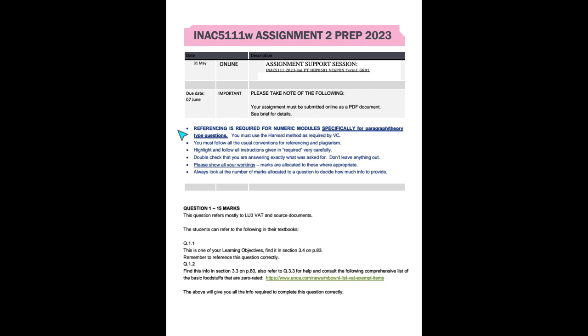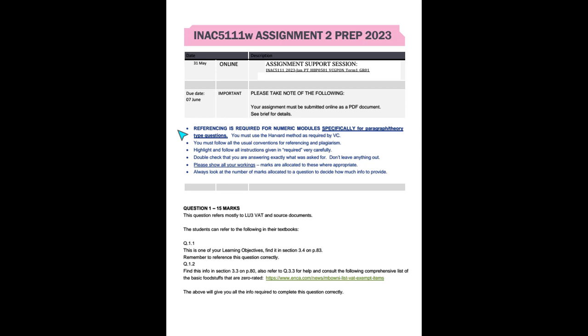So the third bullet point: highlight and follow all instructions given in the required very carefully. I can't tell you how often students don't answer questions correctly because they have misread the required, or they've read it quickly and then done something different, or they've left out a section that was asked of them.